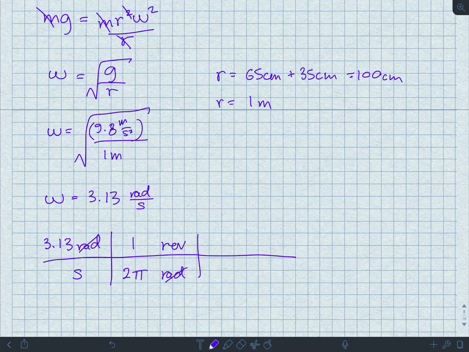So let's get rid of the seconds and switch them for minutes, and 60 seconds is 1 minute. Let's see what that gives us. That comes out to 2 sig figs, which rounds to 30. And that's going to be revolutions per minute, or RPM. And that's our answer.